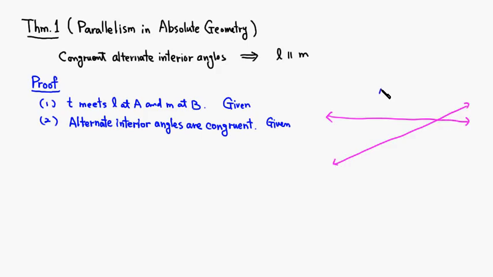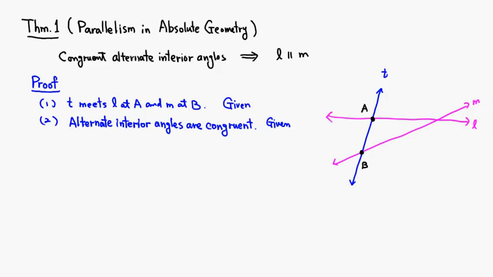You have a transversal like that. It's T, here is my L, and this is my M. The intersection point here is A, and here the intersection point is B.